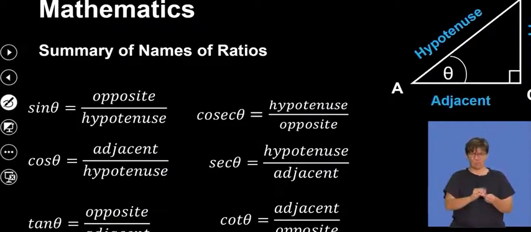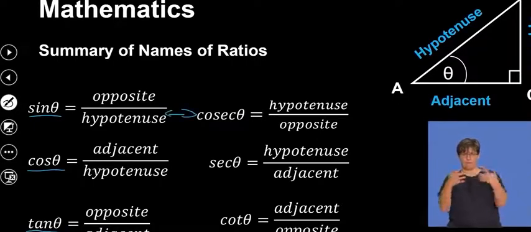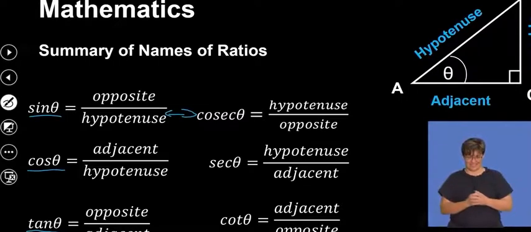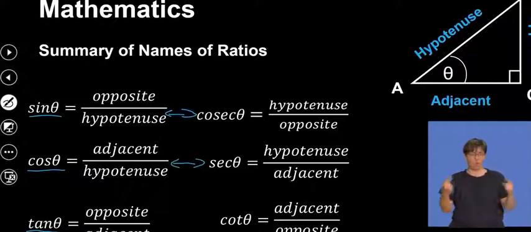Now, a quick summary of this: you can see my sine theta is there, cos theta is there, tan theta is there. And you can see I am pairing them together with what they are related to, but we'll see what it is that they are related about. Here you can see my opposite is the numerator, there it's the denominator. Adjacent is the numerator, there it's the denominator. But it's still the same things that we are dealing with.